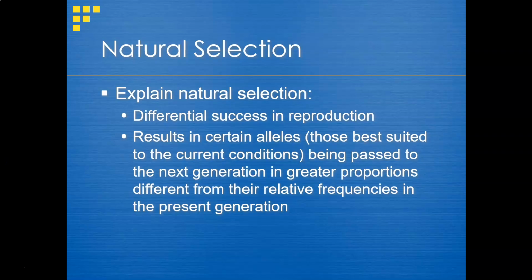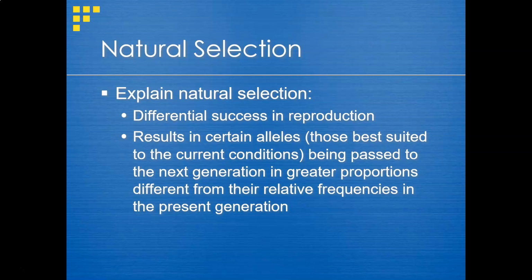So when we're talking natural selection, this is typically what we're thinking about when we discuss the topic of evolution, because this really is that differential reproductive success. When we talk natural selection, remember it's not just about survival, it's about reproduction.